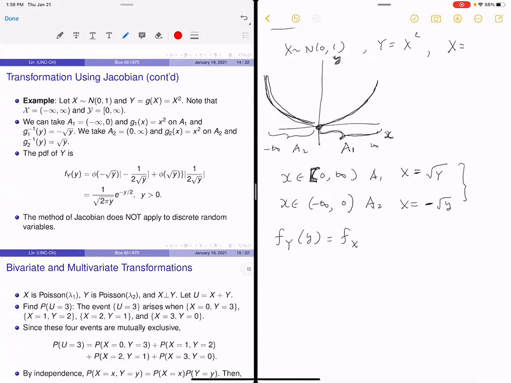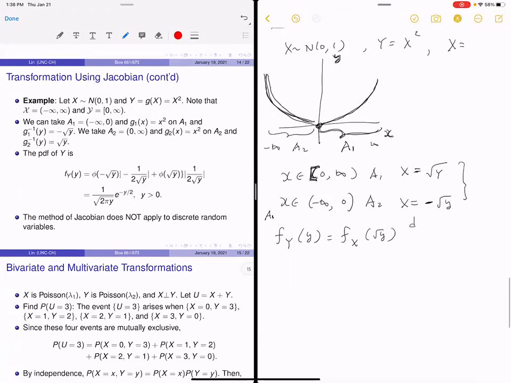Okay, so I'm working on A1. This is the A1 domain, so this guy becomes plugging in the inverse function. And then doing the Jacobian derivation, of course, I always put an absolute value. That would be much easier. So x would be normal 0, 1, so I just write directly exponential of minus x squared over 2 sigma squared.